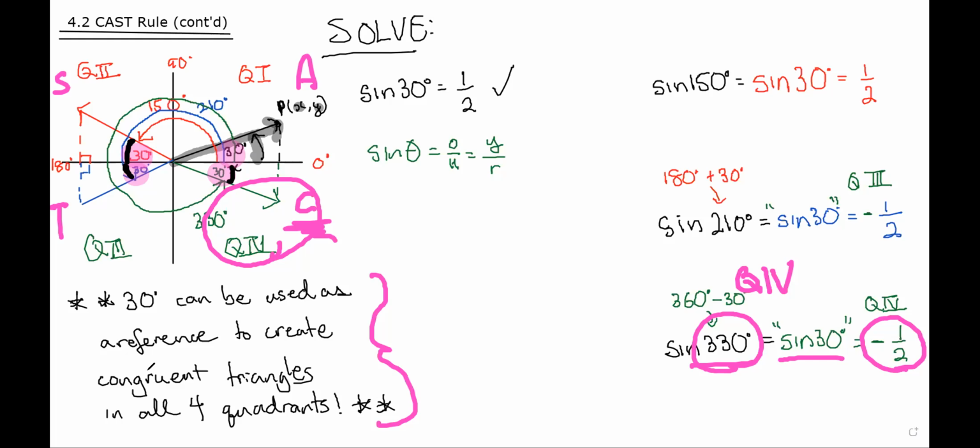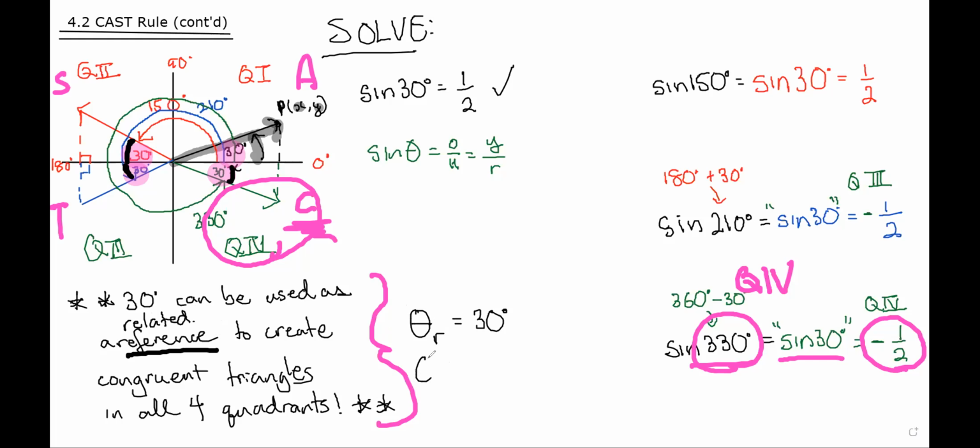The 30 degrees is called a reference angle, or a textbook can also call it the related angle. We use the term theta little r for the related angle. So the angle at theta little r is 30 degrees.